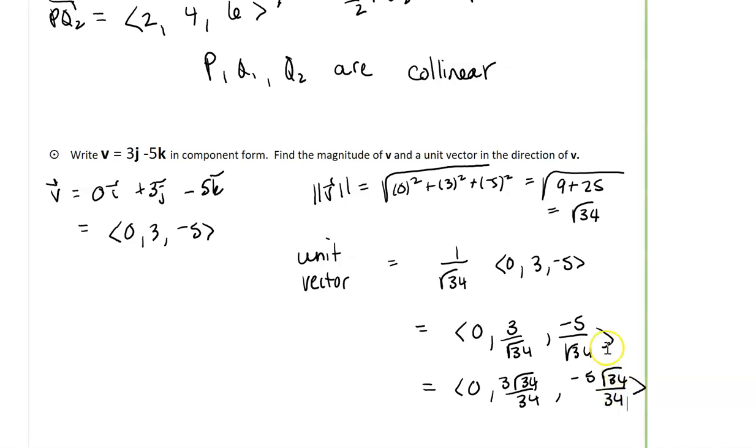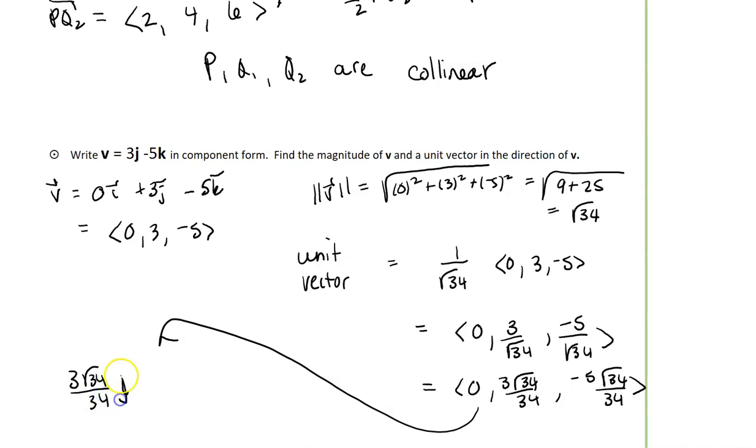And again, depending on the context, you may want to write that in the ijk form, which would be 3 root 34 over 34 j minus 5 root 34 over 34 k. We can leave the 0i. You can write it, but you don't have to.